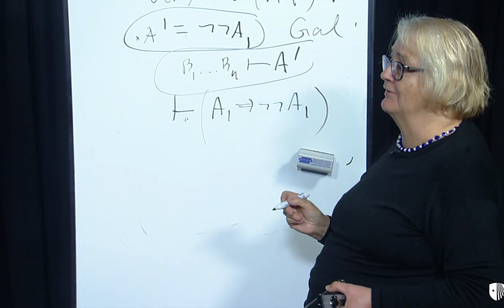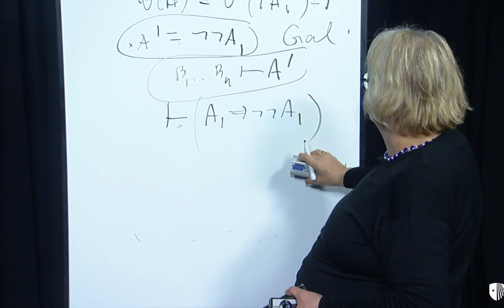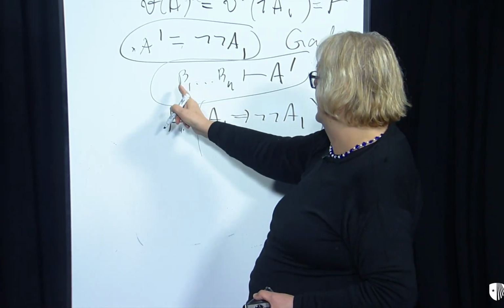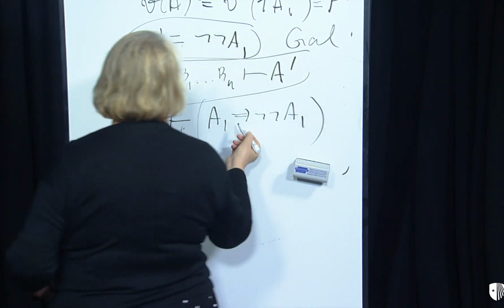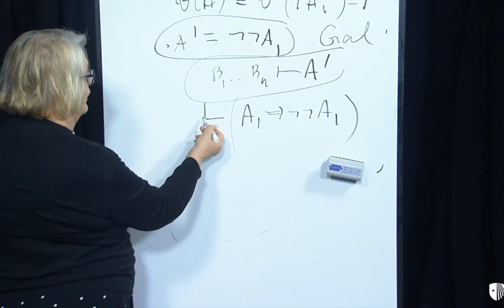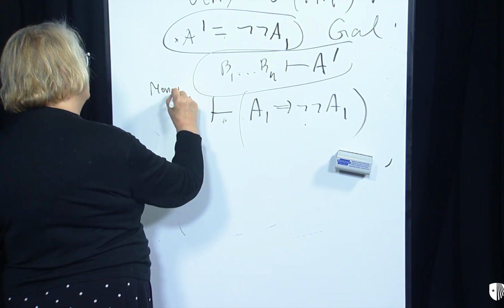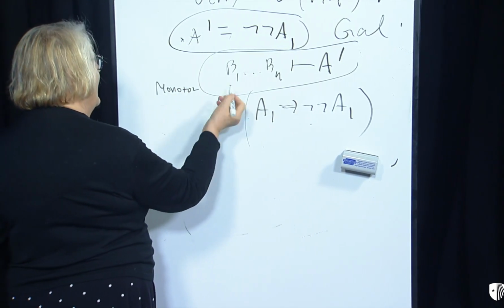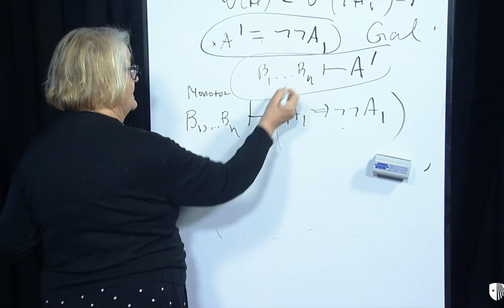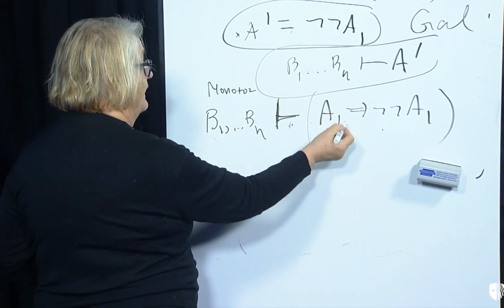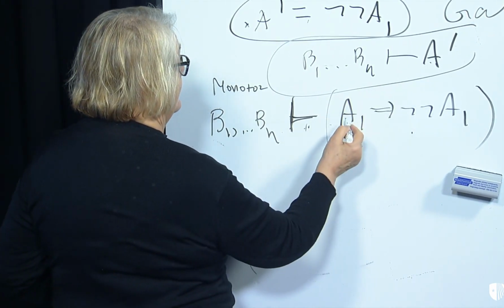So we know that we have a proof of that. By inductive assumption, you have B1, ..., Bn proves A1. If we have the proof of this, by monotonicity I have that also B1, ..., Bn, which are the same, prove this.